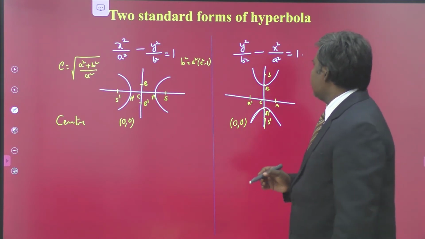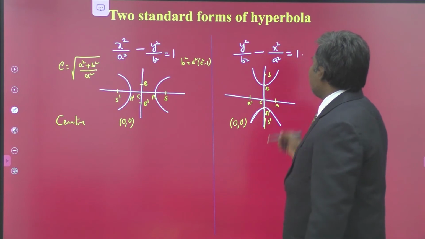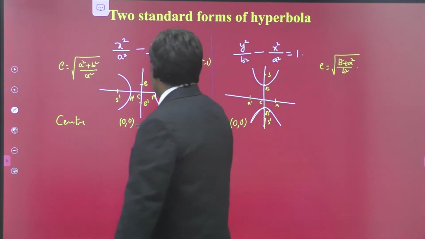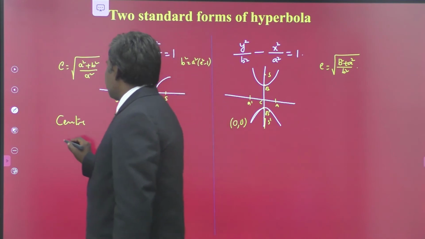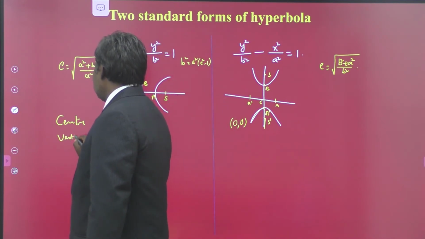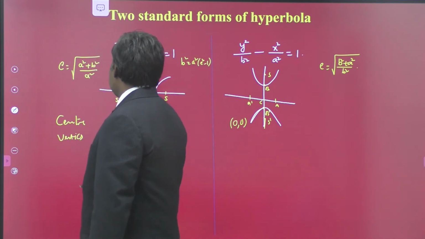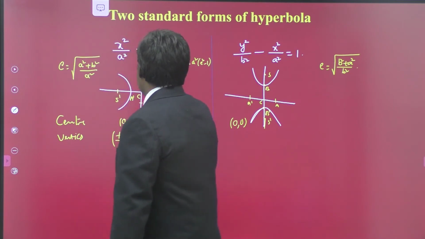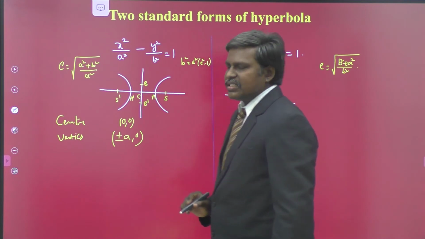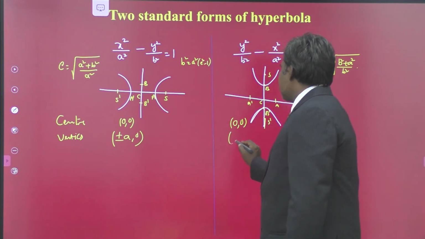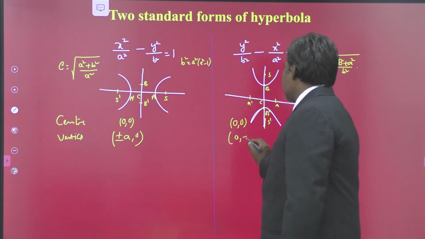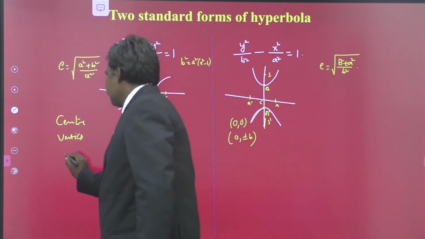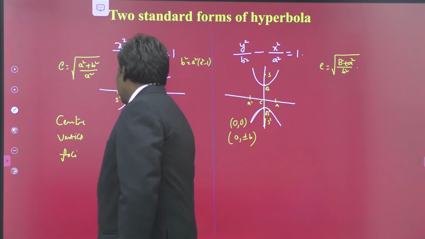Here for y square by b square minus x square by a square is equal to 1, the center is 0, 0. Vertices are plus or minus a comma 0. This is a comma 0, this is minus a comma 0. Here the vertices are 0 comma plus or minus b. Foci are what?